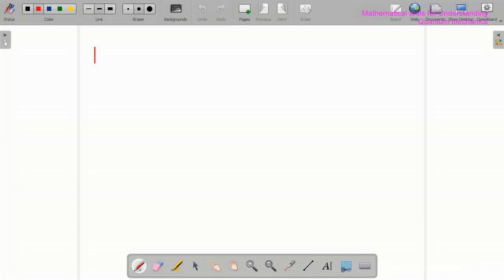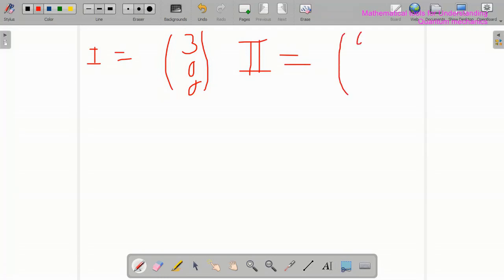We have vector 1: 3, 0, 0. Vector 2: 0, 1, 2.